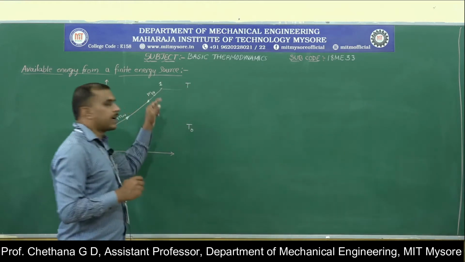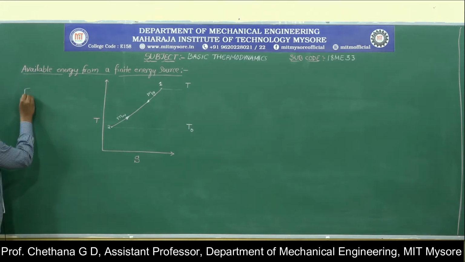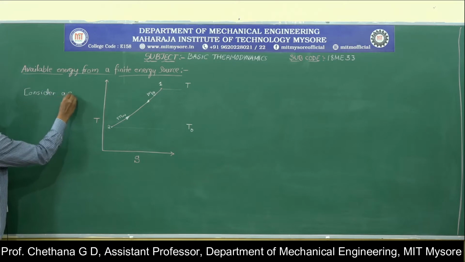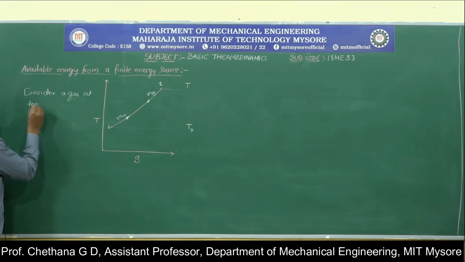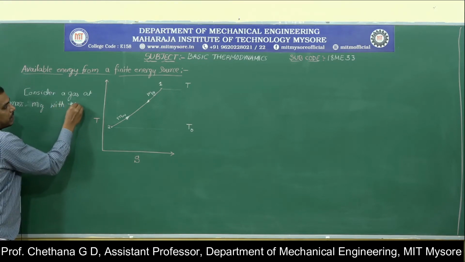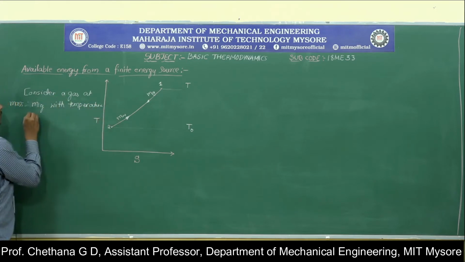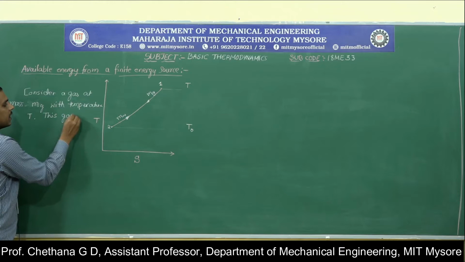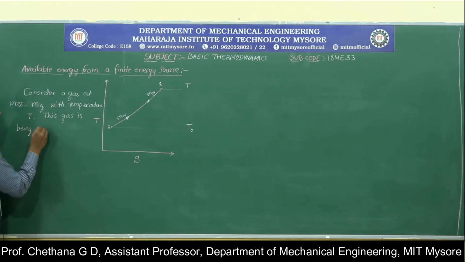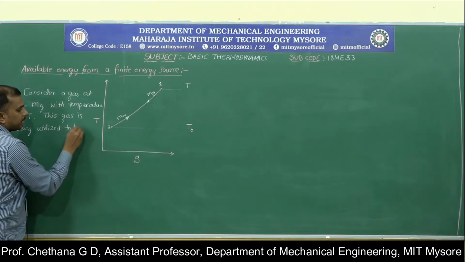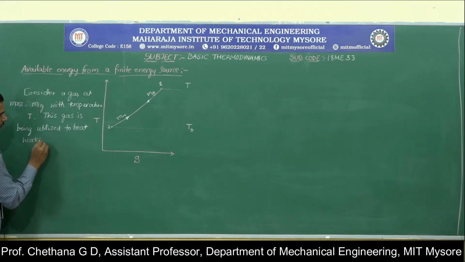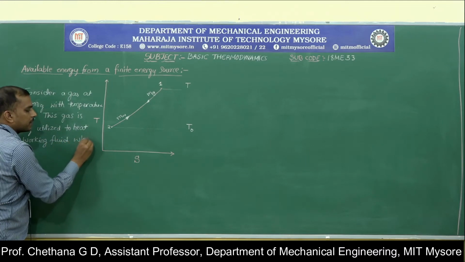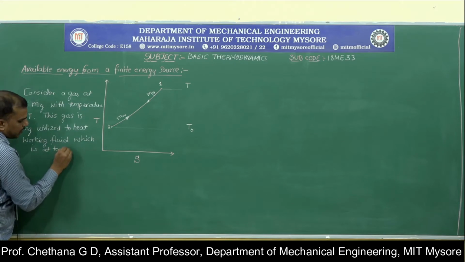Now let us assume that there is a gas. Let us consider gas with mass m dot g, or mg, with temperature T, and this gas is being utilized to heat a working fluid which is at temperature T naught.